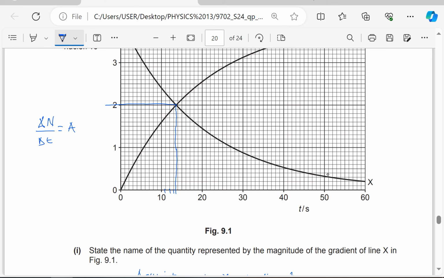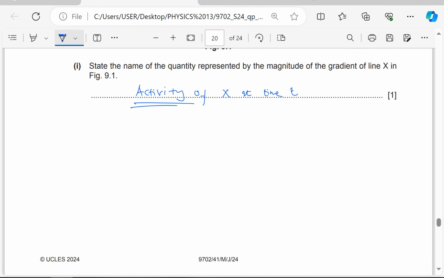So this is approximately 13. Let me see. It is approximately 13.5. It is very close to the right hand side and to the left. So it's about 13.6 seconds. It's somehow to the left of the center. So it is approximately 13.6, but I think the examiner may accept 13.5.